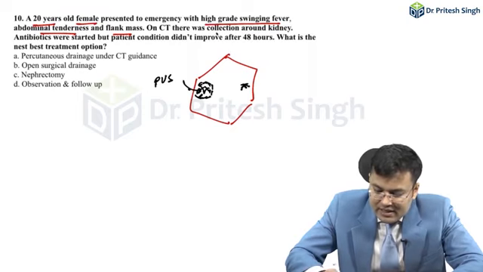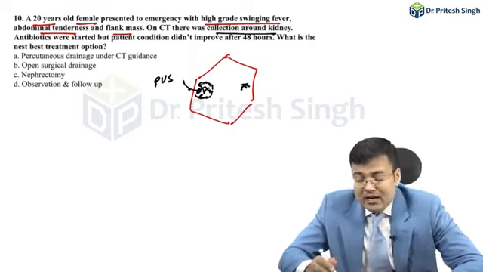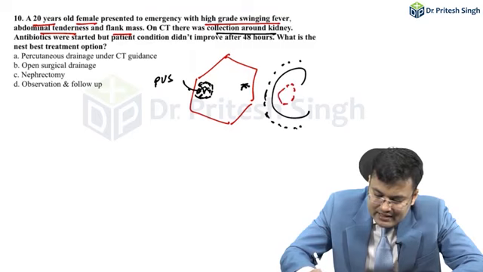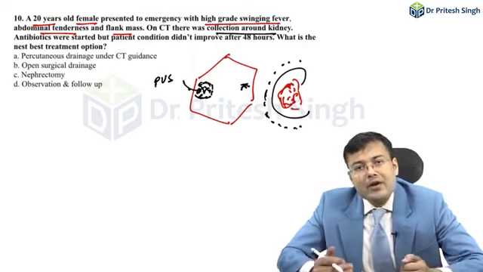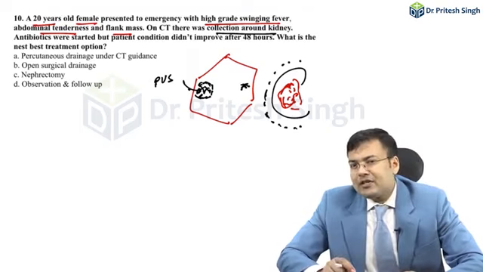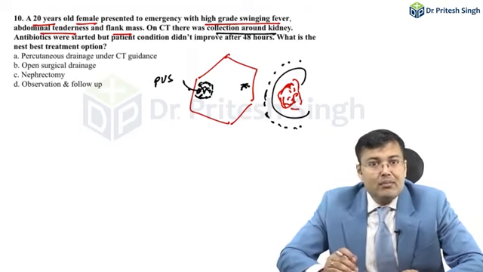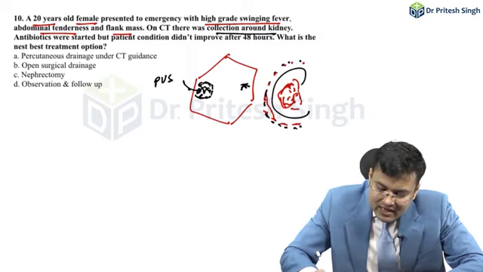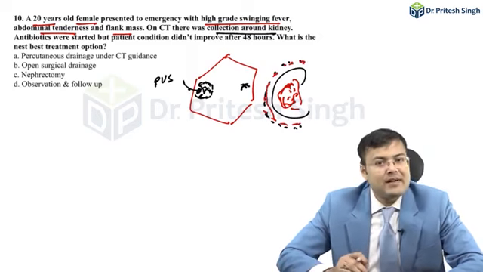On CT there was collection around kidney. It means collection around kidney, and there is collection inside kidney. If there is collection or pus inside kidney, this is known as pyonephrosis. Pyonephrosis means kidney is a bag of pus. And when the pus is around kidney, it is perinephric abscess.